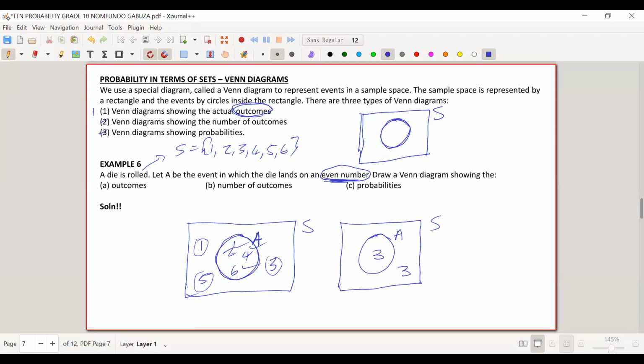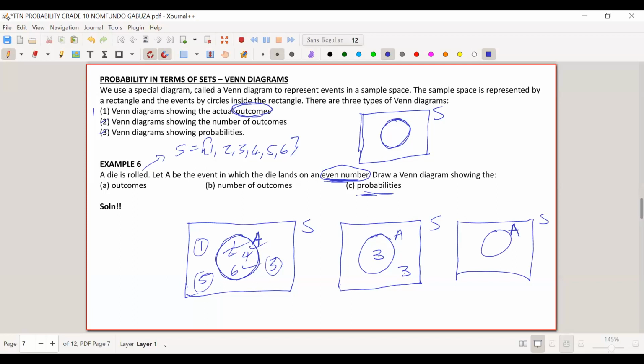We can also represent this in terms of probabilities. This is our sample space, and this is our event, A. Since we have three in A and three outside, in total we have 6.